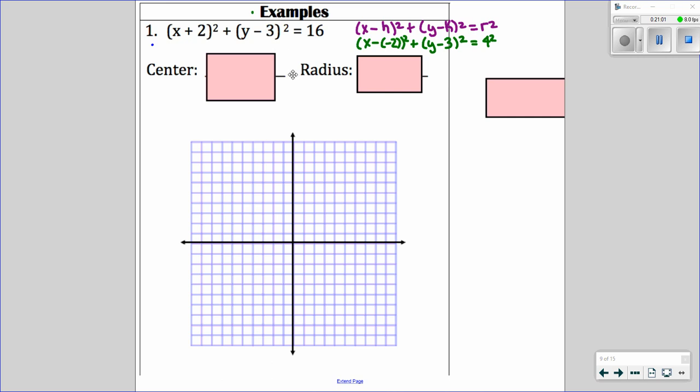You've got to be careful. We're not just worrying about the sign of the number. Since we have to work off the standard form of this equation, whatever the h is, it has to be behind the minus sign.